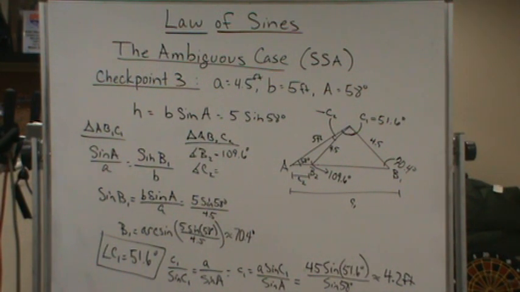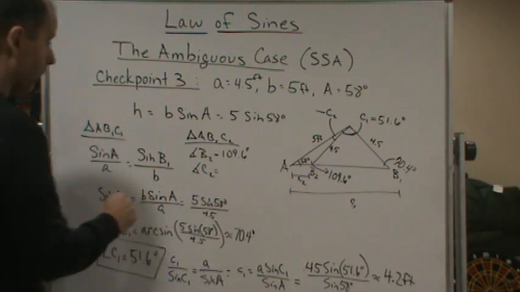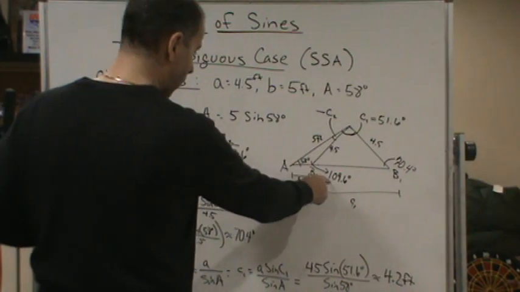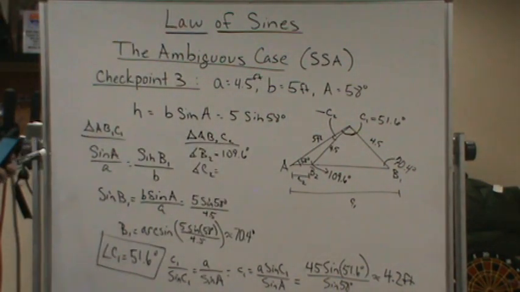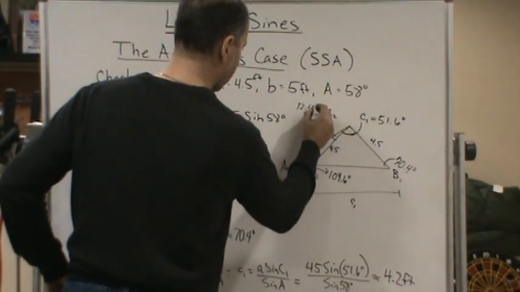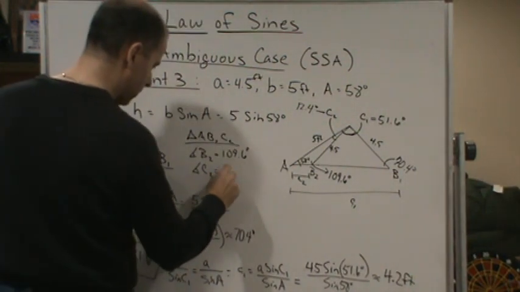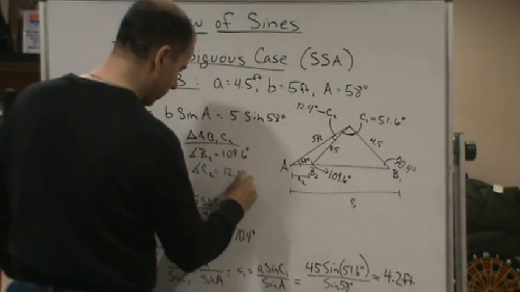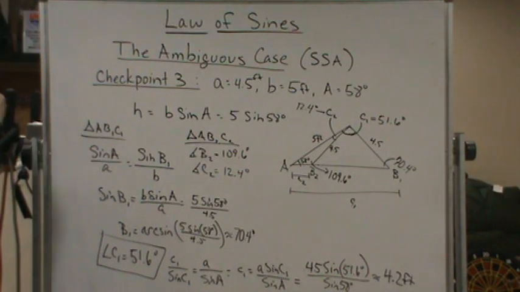So 180 minus 58 minus, now we're going to subtract off 109.6 and we get 12.4 for C2. So C2 is 12.4 degrees. Okay, so we got the three angles.